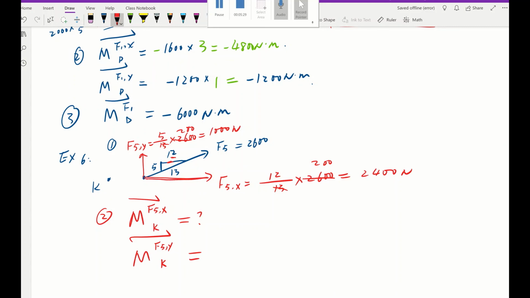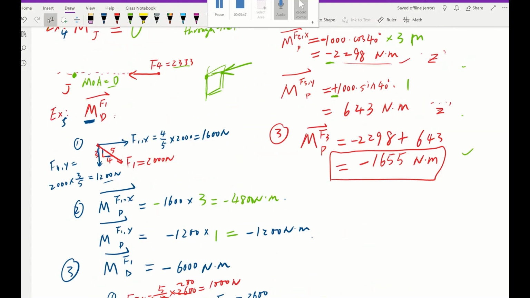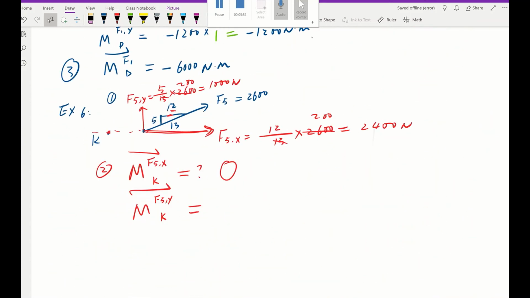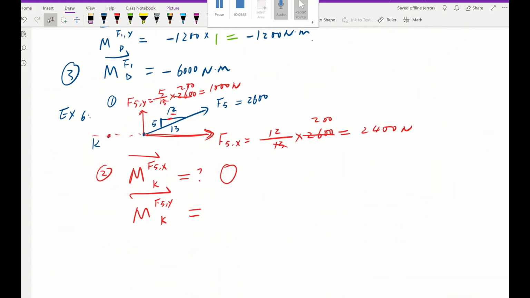X component is going this direction and K is here. And does that look familiar? This K is on this X component force. In other words, the force goes through that point. What's the moment? 0, because the moment arm is 0. It's like our example 4 here, right? Now, so we just need to worry about the y component.